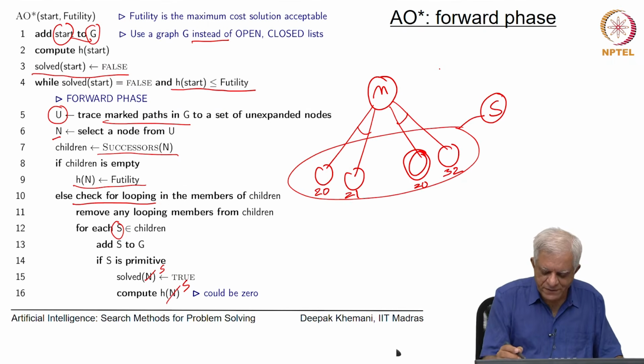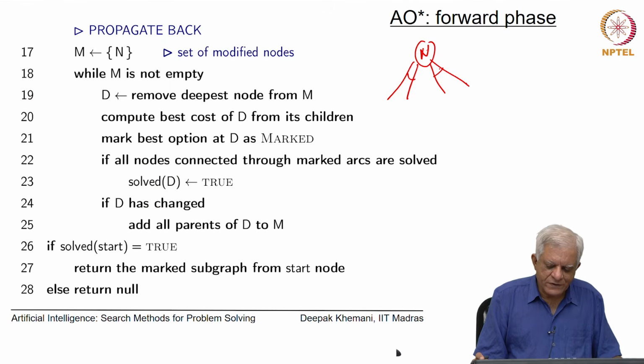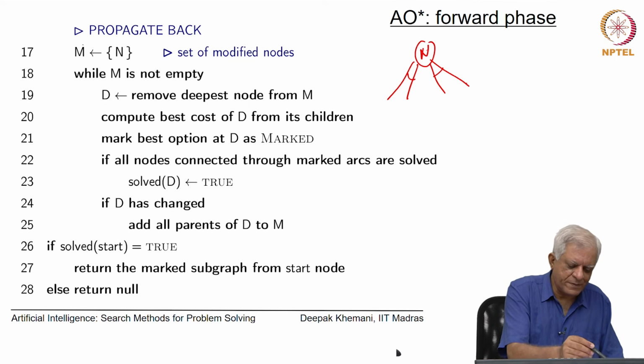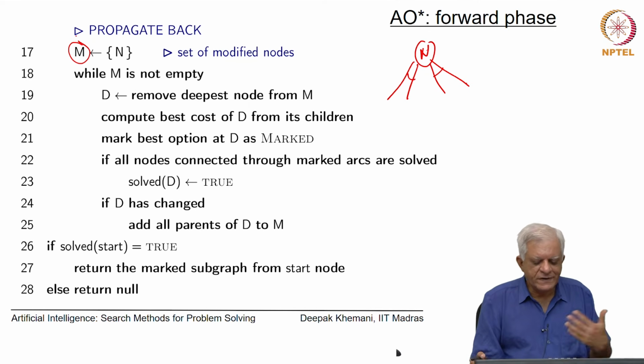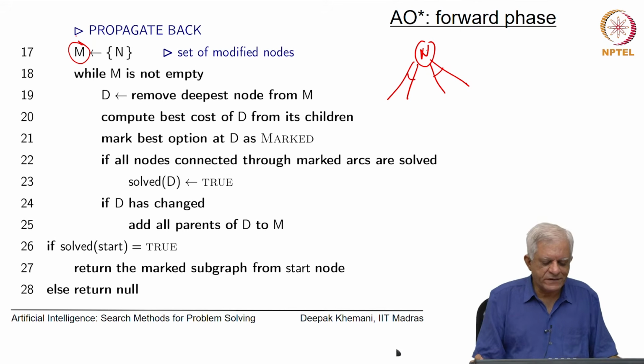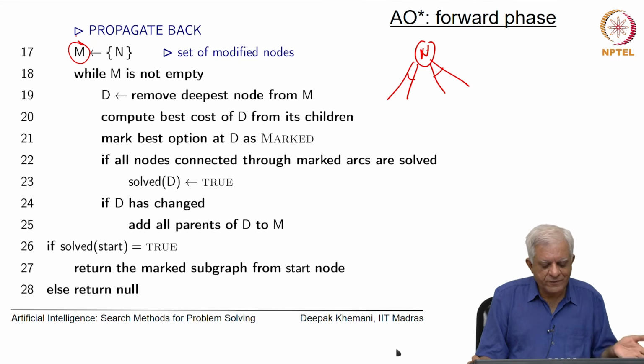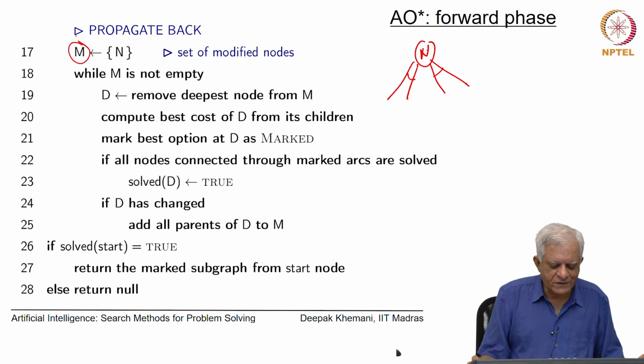So, this node n we add to a set called M. Now, this M is a set which we are going to revise essentially. Initially we just initialize M with the set n, and as long as M is not empty, of course, M will not be empty because we have just added n to that.